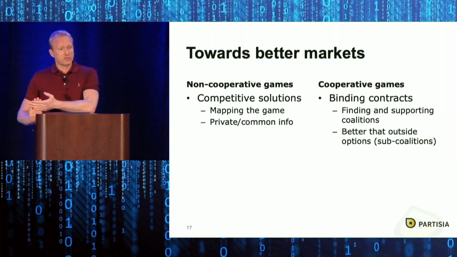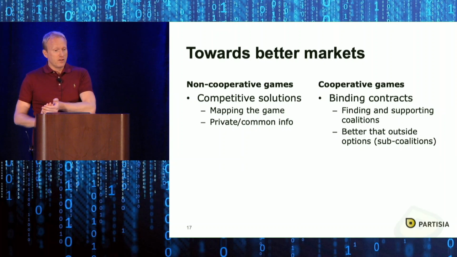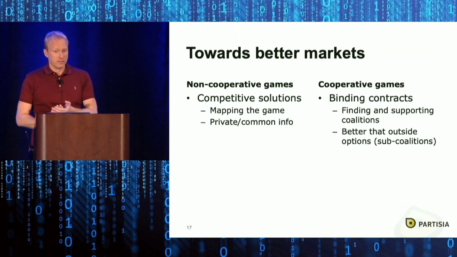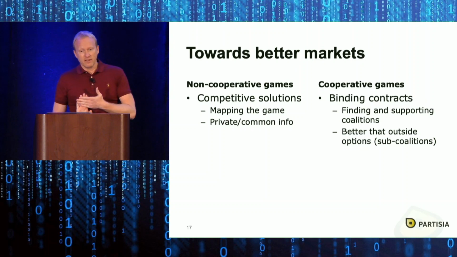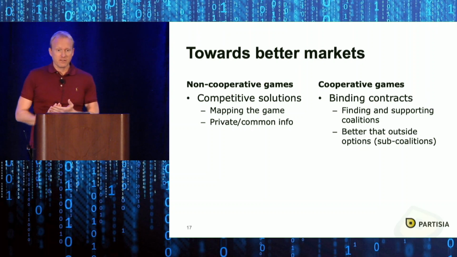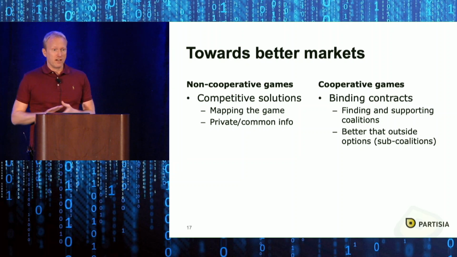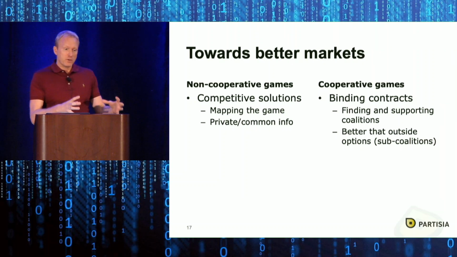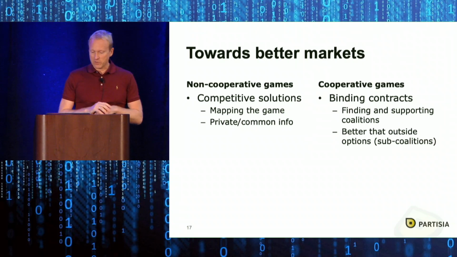But there's also a huge class of cooperative games, which is maybe the class that could gain the most from an infrastructure like this. And it's also, in most cases, where you can get the most value out of a collaboration, by finding the coalition, finding the right people, and making them collaborate.